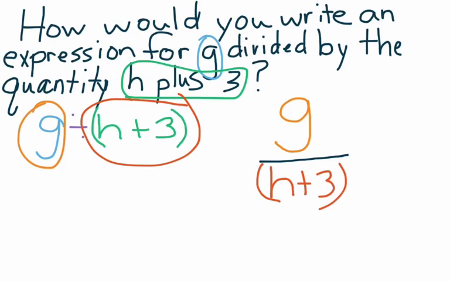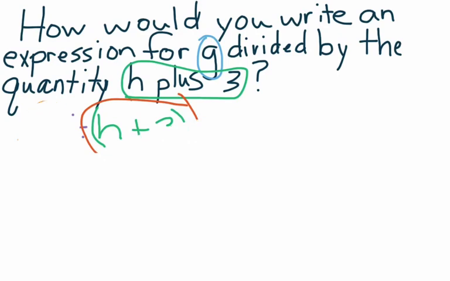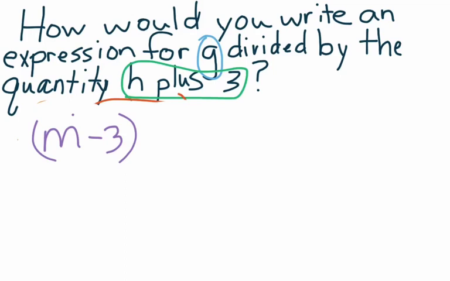We can do a second example. Let me clear this out of the way. We are going to change our variables and numbers, okay, to, let me write them in purple here. We're going to use m minus 3 divided by 5.